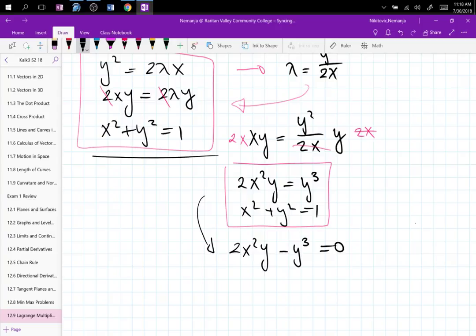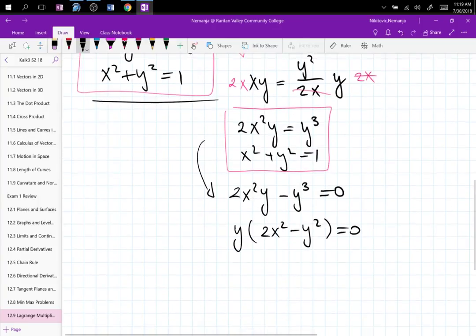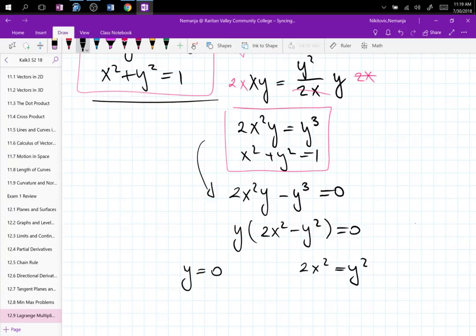And now, when you factor y, you will get 2x squared minus y squared equals 0, from where you're getting two equations, y equal to 0 and 2x squared equals y squared. So these are the two equations that you would get as you do what we call the zero product rule.